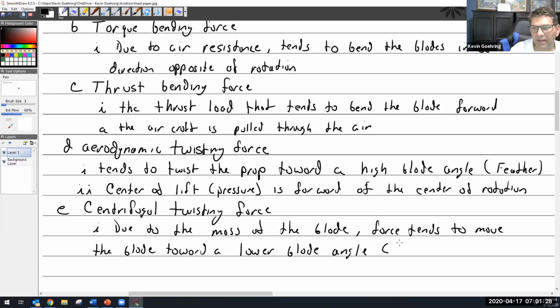And then I could say flatten out. Flatten out is the colloquial term.